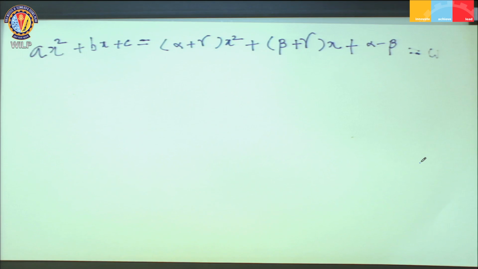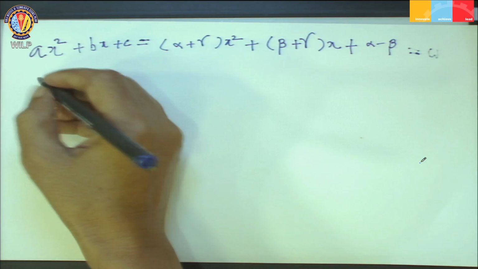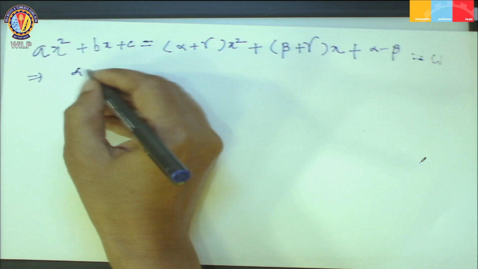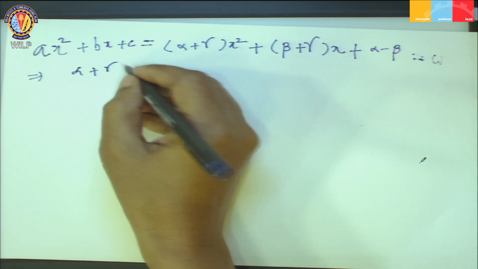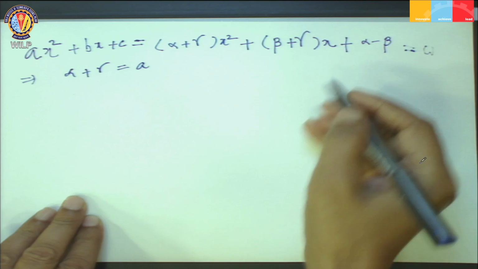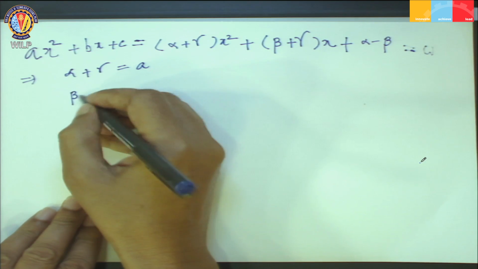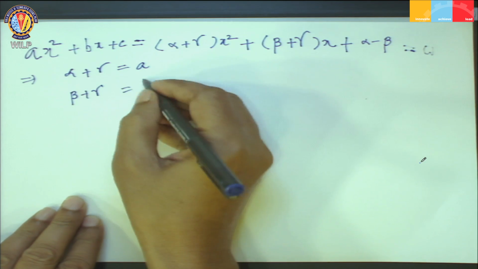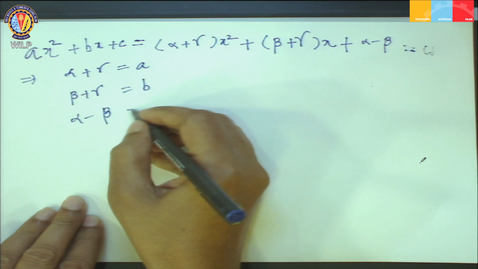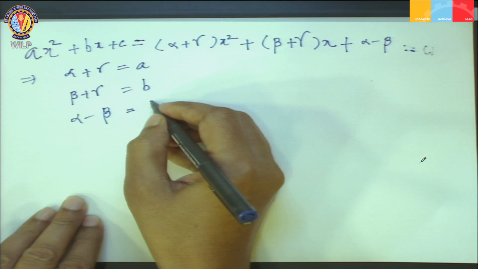So look here, these two polynomials will be equal if and only if alpha plus gamma is equal to a, the coefficient of x square equal to the coefficient of x square. Secondly, the coefficient of x, that is beta plus gamma, must be equal to b. Third, alpha minus beta must be equal to the constant term c.